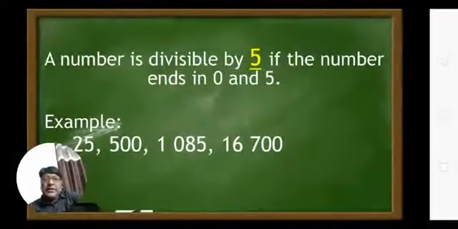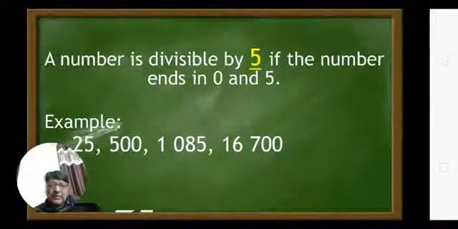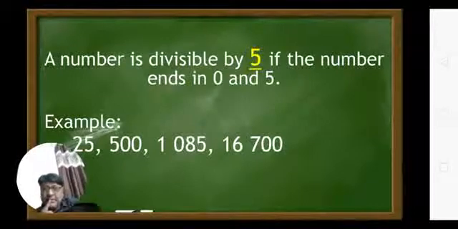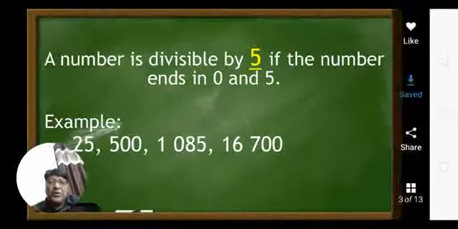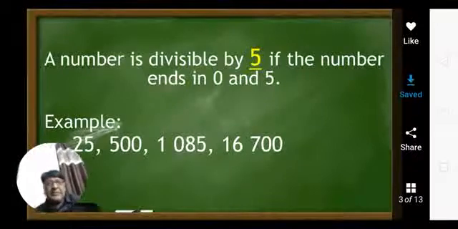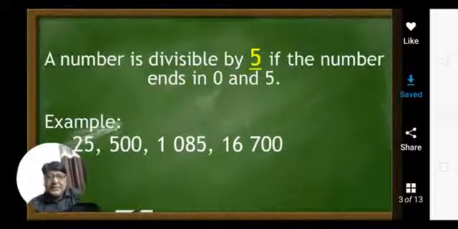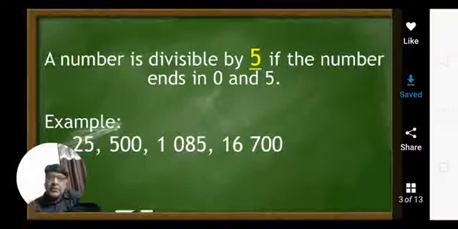Now if we talk of divisibility by 5, a number is divisible by 5 if it ends in 0 or 5, or we can say a number is divisible by 5 if its unit digit is 0 or 5.